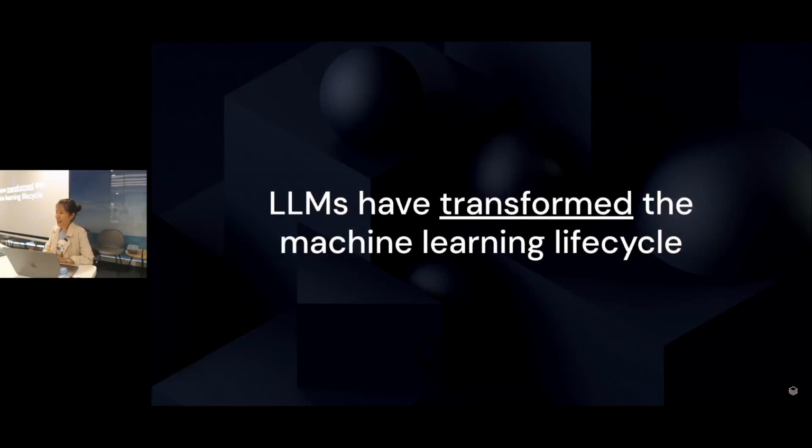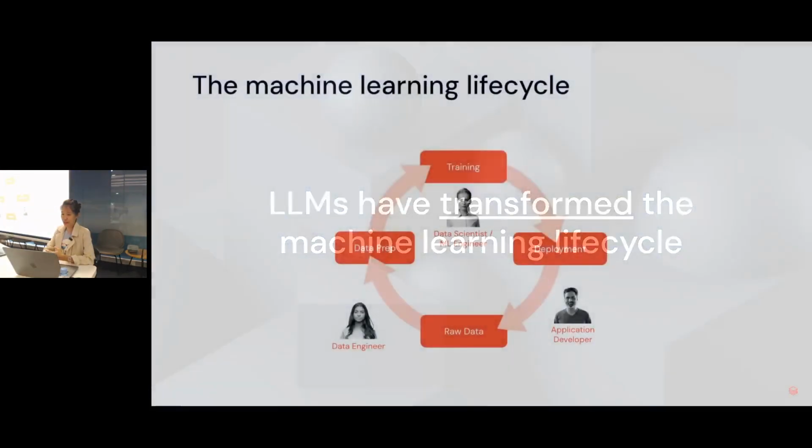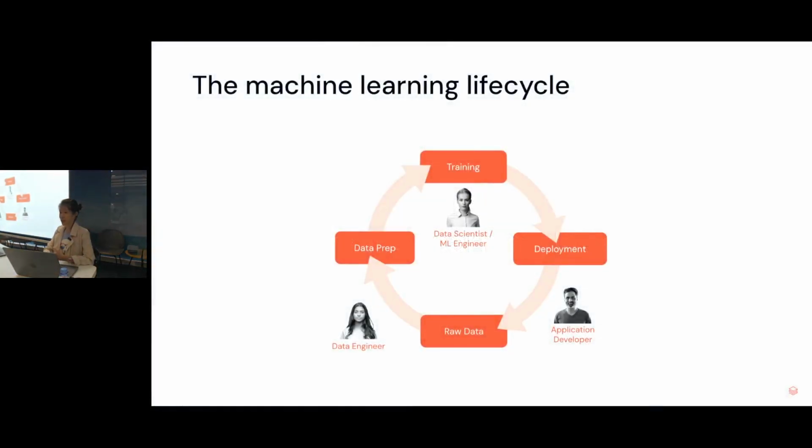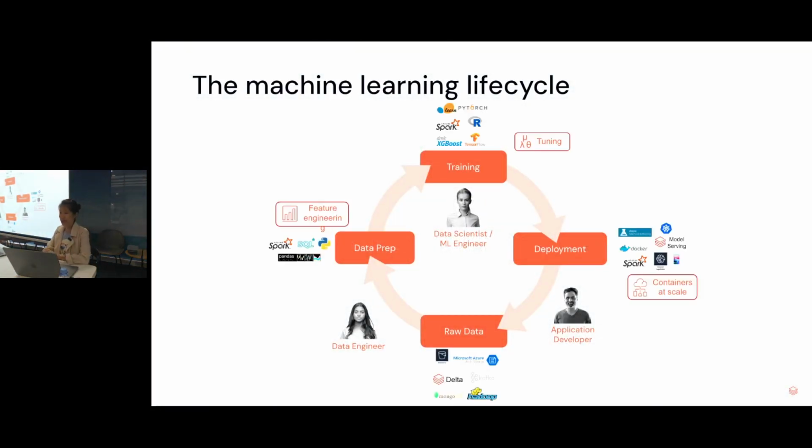So LLMs have changed the machine learning life cycle. If we go through the normal cycle that we're all familiar with, you start with your raw data, you might ingest it into your cloud storage, then you do feature engineering. A lot of attention thus far also has been focused on training. So models like XGBoost, you do a lot of hyperparameter tuning on it.